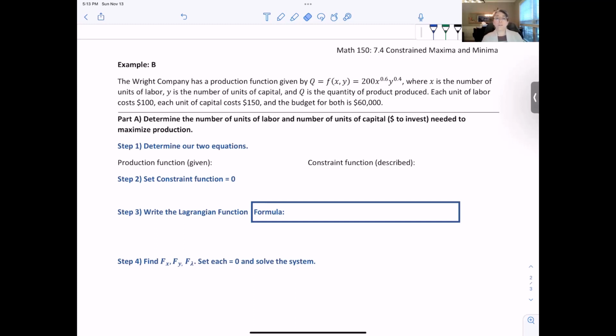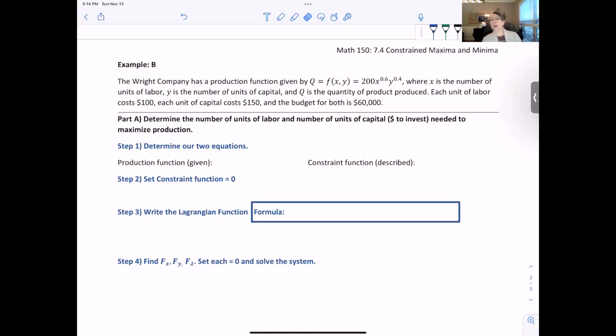Y is the number of units of capital, and capital is usually money that you spend or invest in the company that helps you make things, like equipment, supplies, and the factory, anything that's not labor.